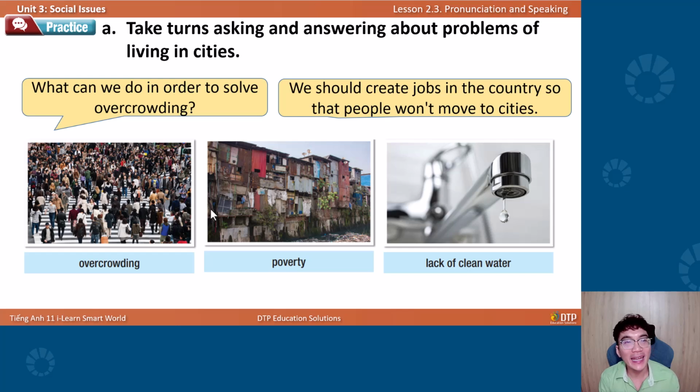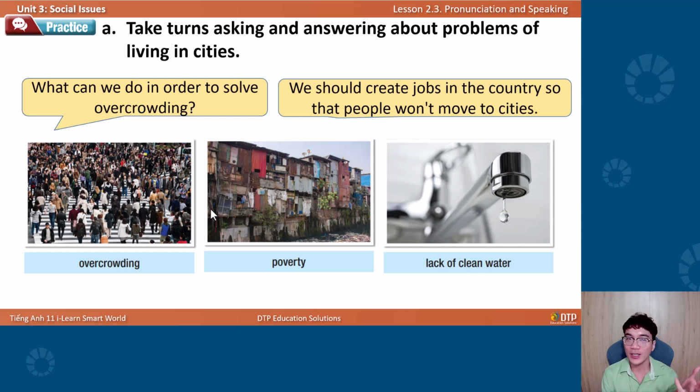So everybody, it's time to practice speaking. So in part A, we take turns asking and answering questions about problems of living in cities. Now please take a look at the three photos like overcrowding, poverty, and lack of clean water.